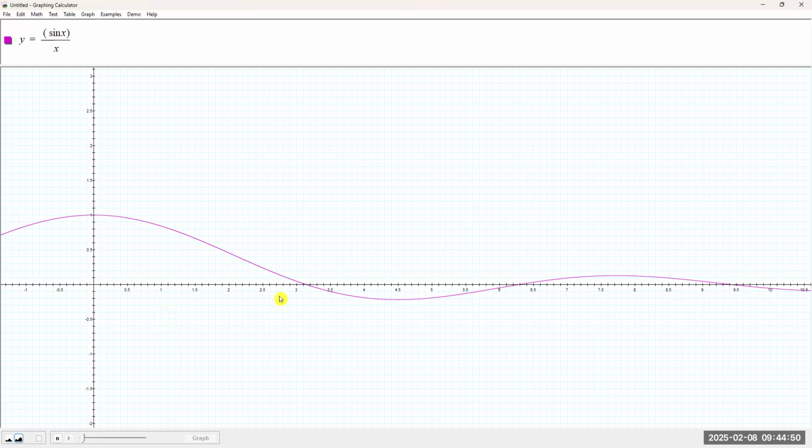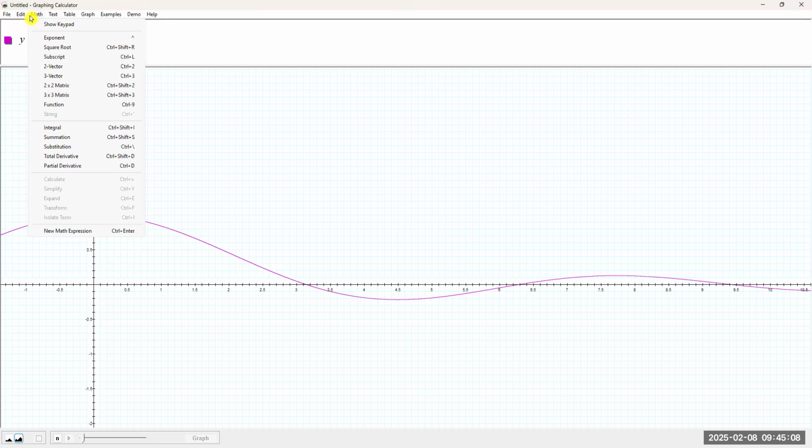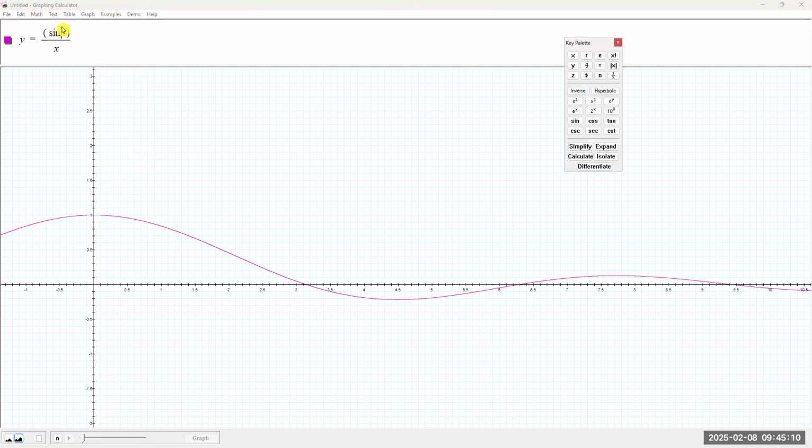Between pi over 4, it's around 1.5. Because we use pi, let me insert pi here. Where's that keypad? I want to insert pi here.